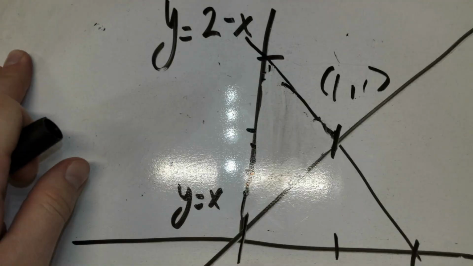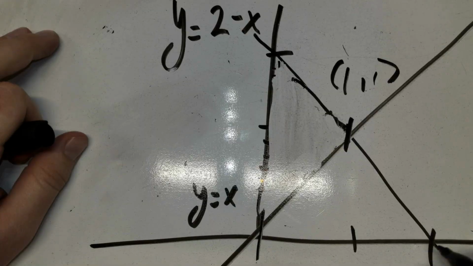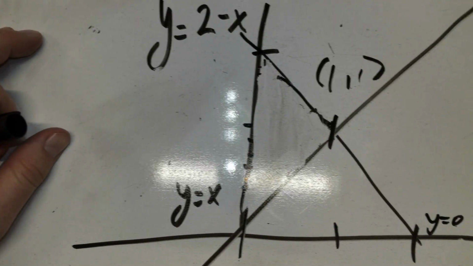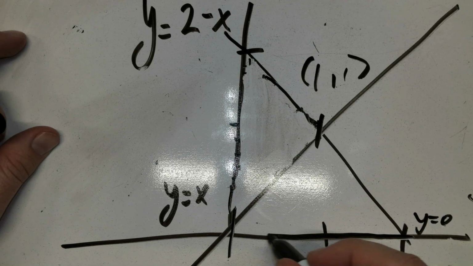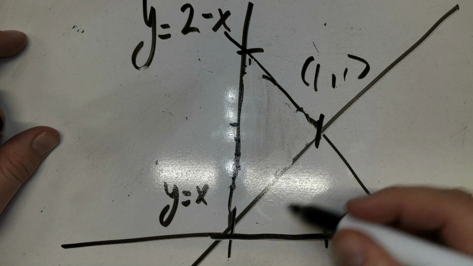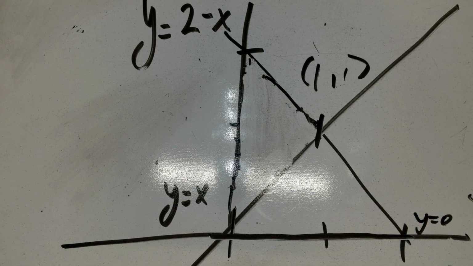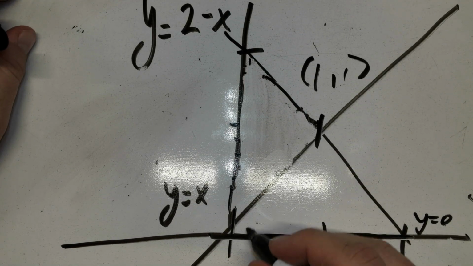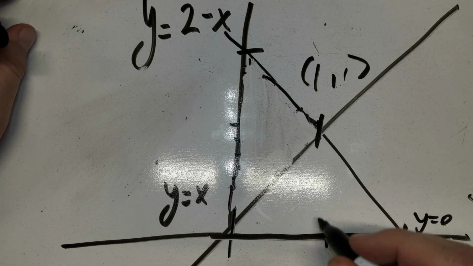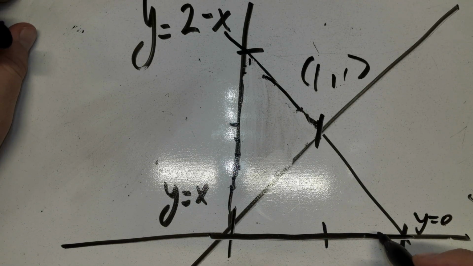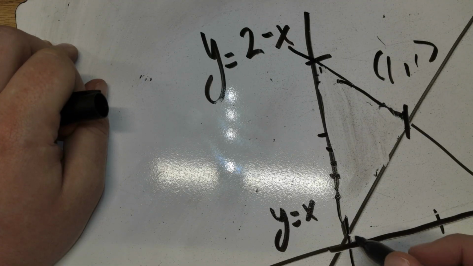Well, y equals 0 is this horizontal line down here at the bottom. So I'm now talking about this region. Well, again, if I want to stay consistent, I see that by doing vertical stripes, I'm going to run into an issue. So I'm going to start with horizontal stripes.